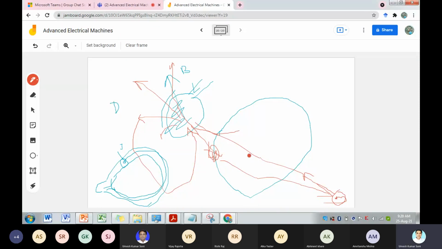So this does not make a sufficient quantity of overall flux, and we can assume that the overall flux going outside and coming inside is equal. Okay, clear, students?